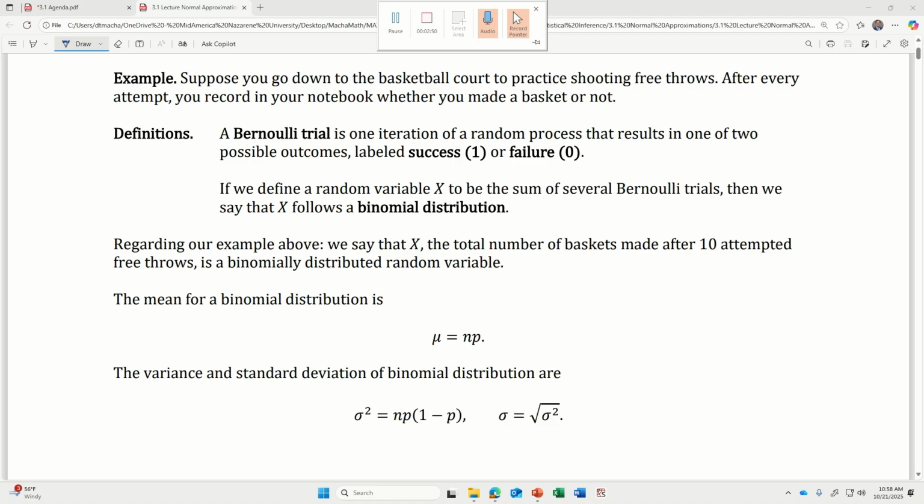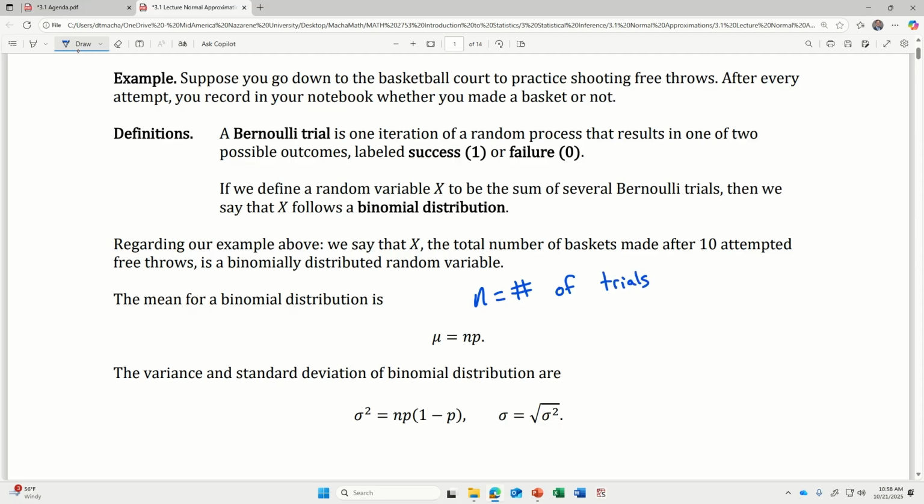If I want to ask you about the mean of a binomial distribution, that is the number of attempts times the probability of success for each trial. So n is the number of Bernoulli trials, and p is the probability of success for each trial.